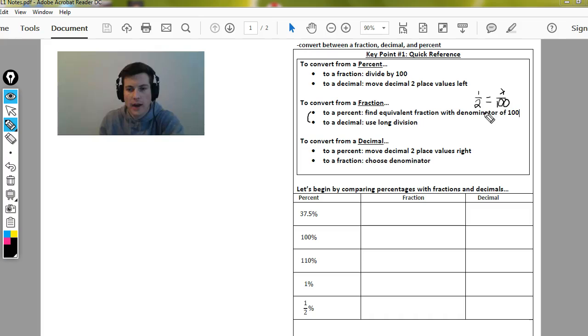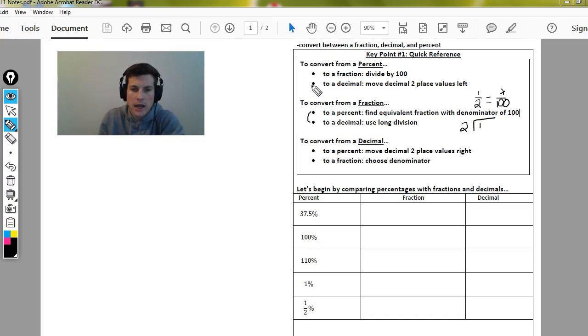That'd be your equivalent fraction with denominator 100. Or, hey, okay, you want to get to a decimal, use long division. These are all things that you already know how to do. You just have to figure out when they're useful. So 1/2, look, it already tells you this means 1 divided by 2. So to get a decimal, we do long division, 1 divided by 2.